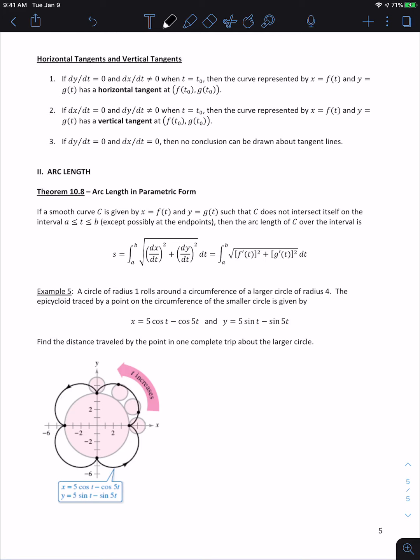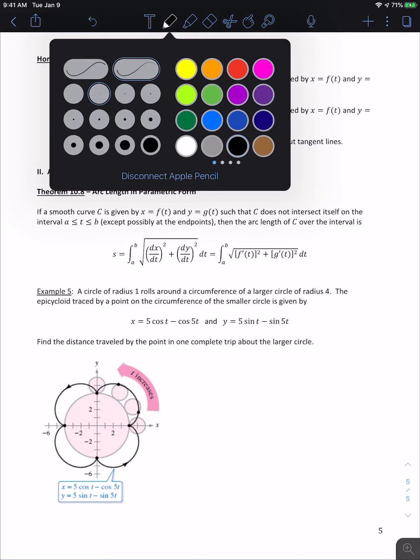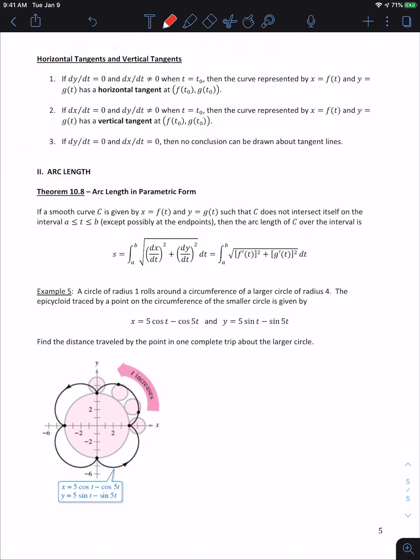Notice that if I found this distance right here, then I could multiply that distance times 4, and that would give me the entire distance. So that's exactly what we're going to do.